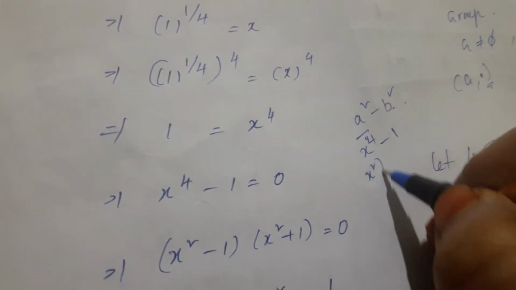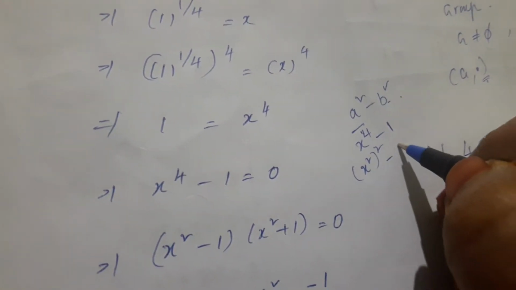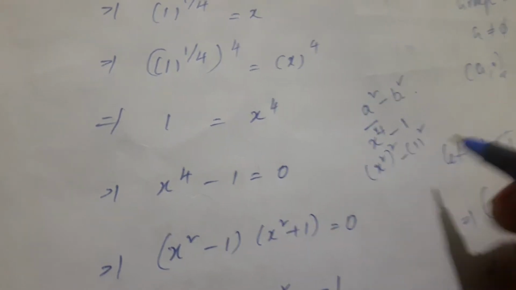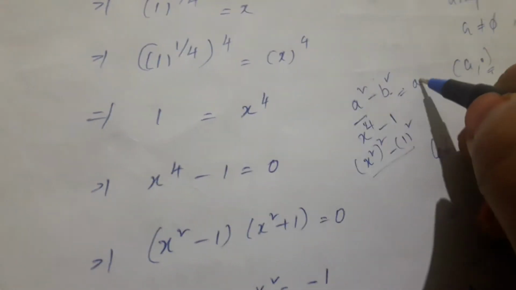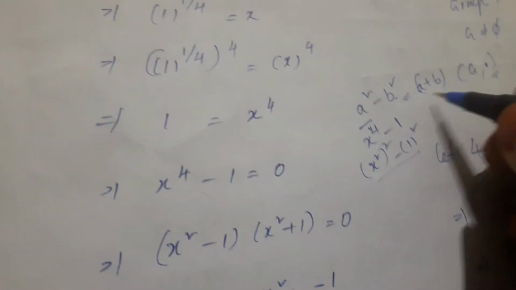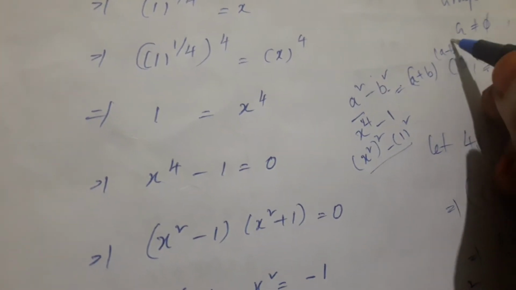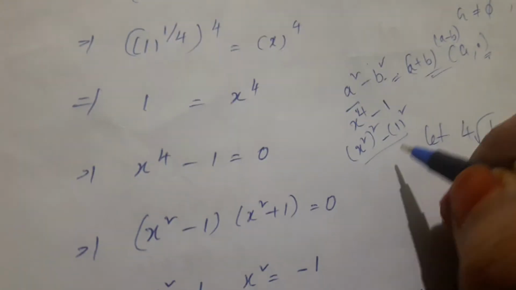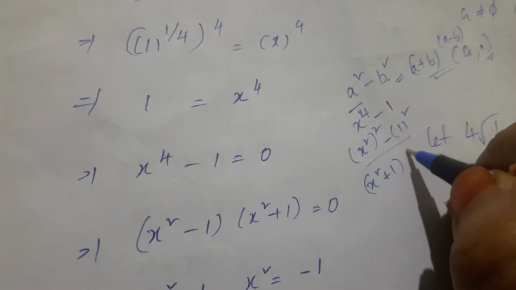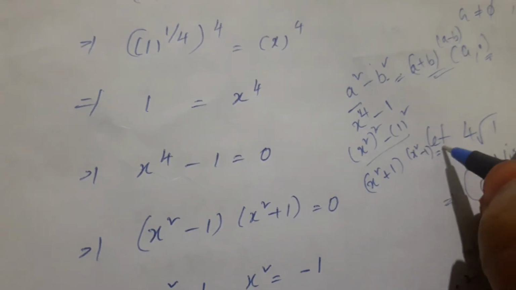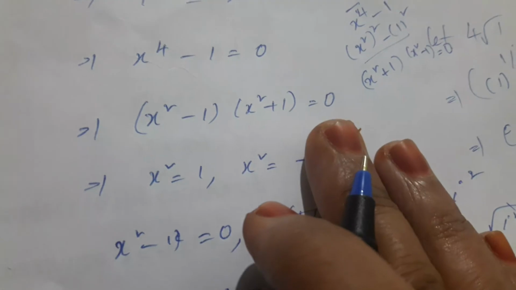It can be written as (x square) whole square minus (1) whole square. What is the formula of a square minus b square? It is (a plus b) into (a minus b). So it can be written as (x square plus 1) into (x square minus 1) is equal to 0.